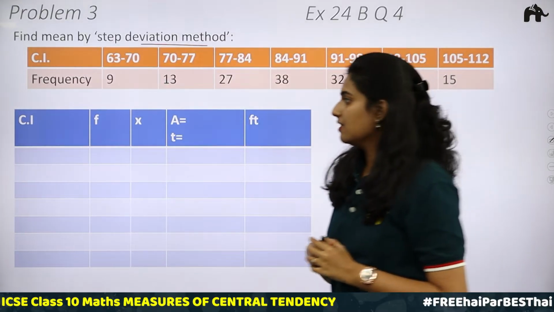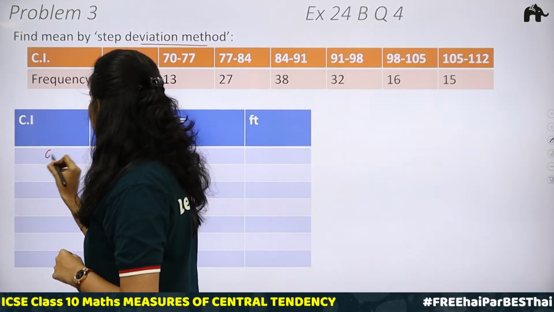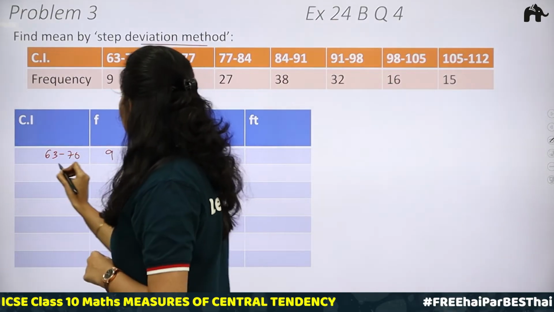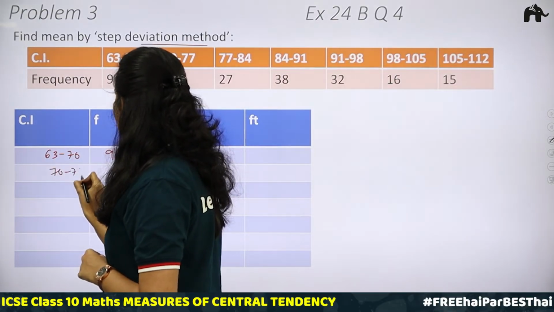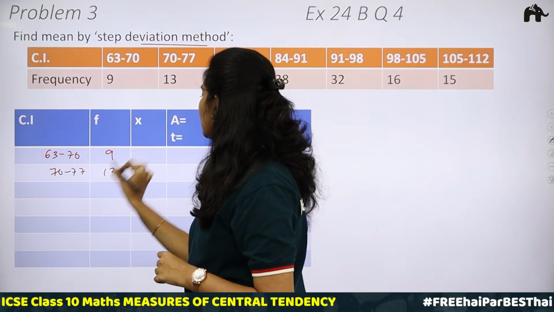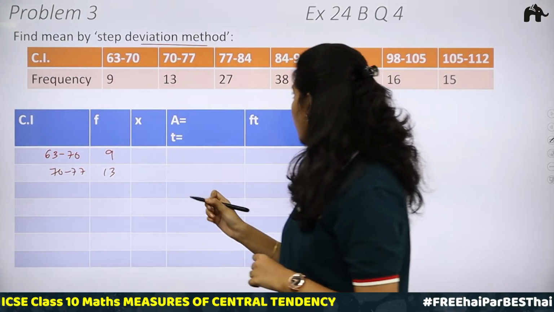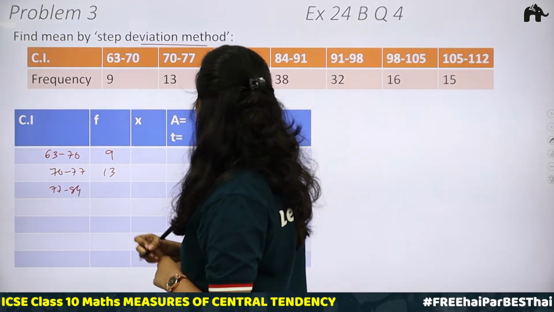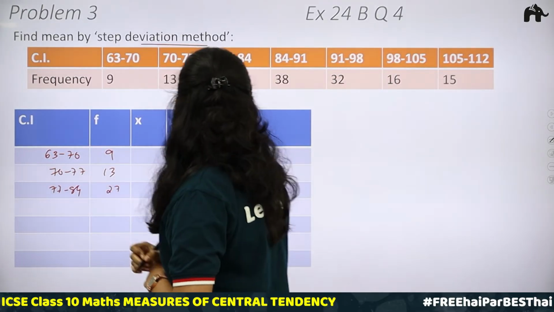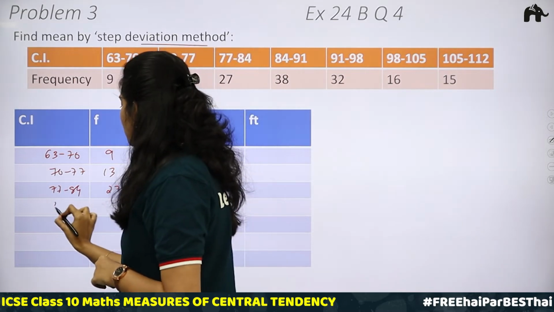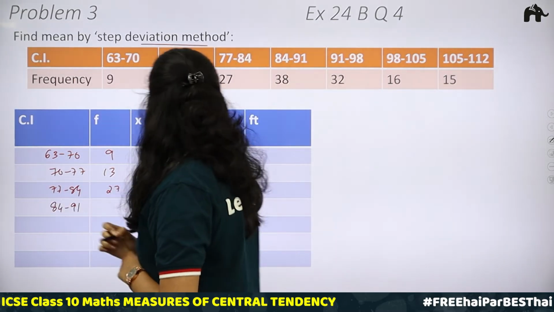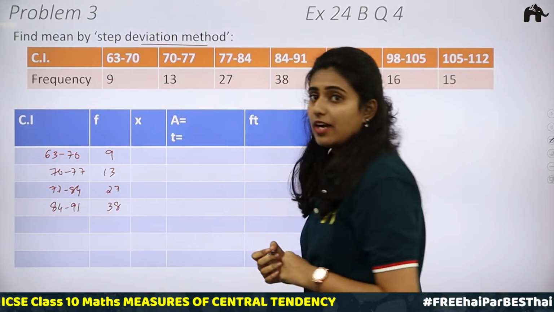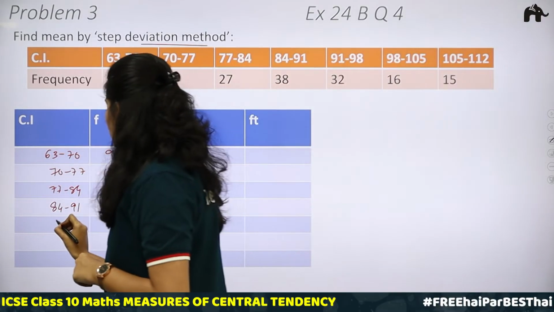Okay, so the class intervals are 63 to 70, in which the frequency is 9. 70 to 77, the frequency is 13. 77 to 84, frequency is equal to 27. 84 to 91, frequency is 38. 91 to 98, the frequency is 32.